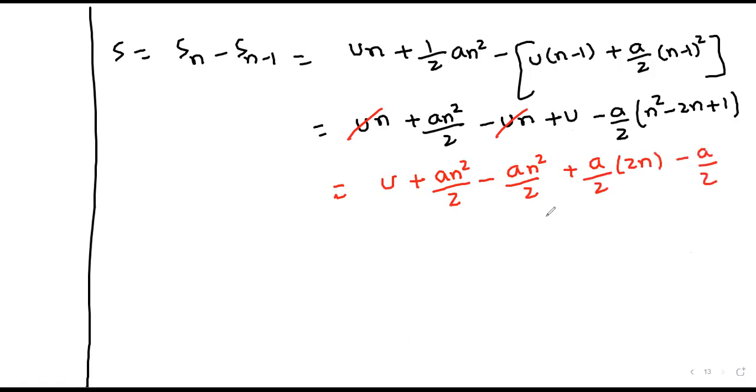Again we'll have u plus a by 2 times 2n minus 1. So distance traveled in the last second is u plus a by 2 times 2n minus 1.